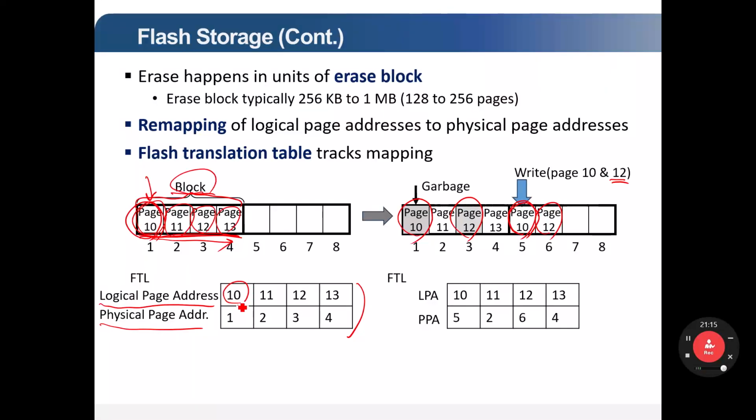It says that logical page 10 is located in physical block number 1, and 12 is written in physical page number 2, and so on. Later, when pages 10 and 12 are updated, their physical addresses will be changed. We call this the flash translation layer, FTL, or flash translation table. FTL is the more commonly used term.